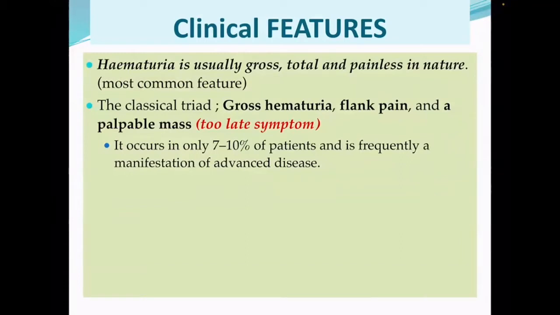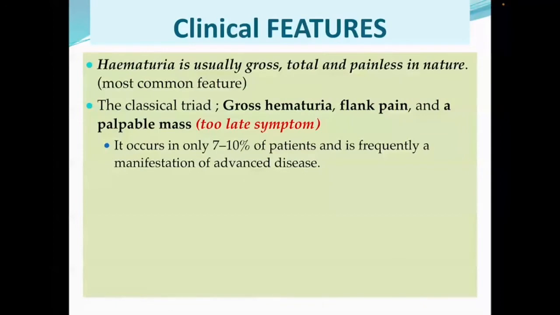This is not common. We find these too late symptoms in only 10% of cases. Mostly we find gross hematuria, sometimes a palpable mass, but when all these features are found together, it is known as too late symptoms, because it indicates advancement.